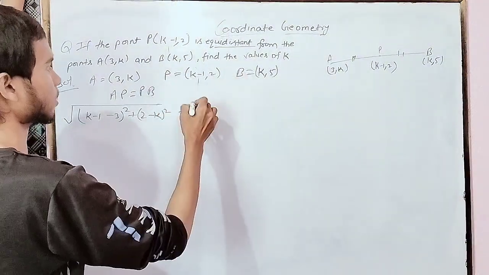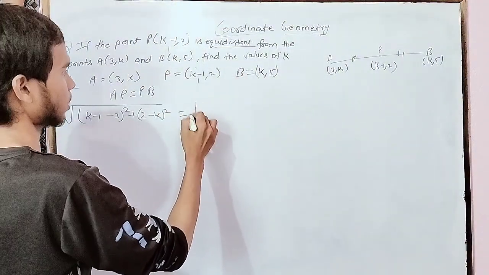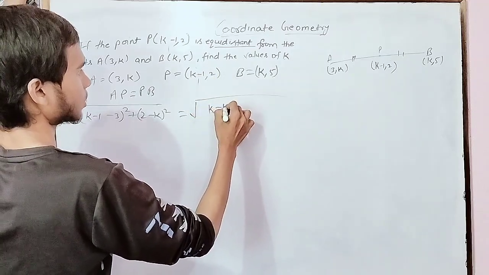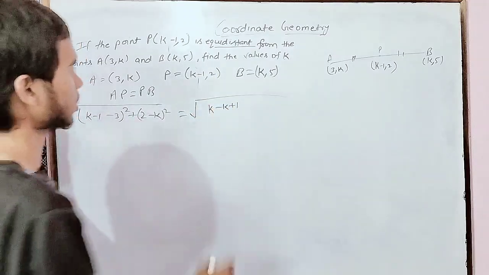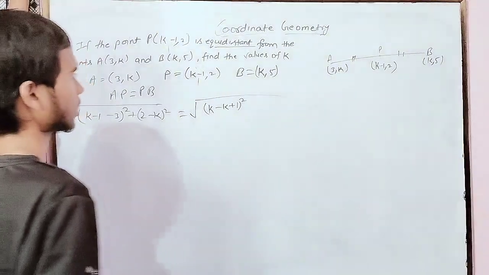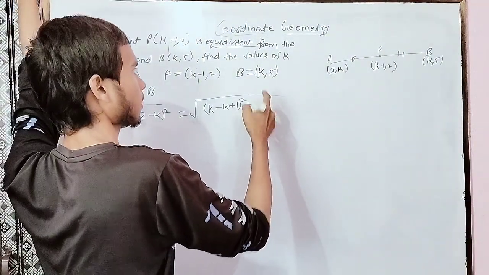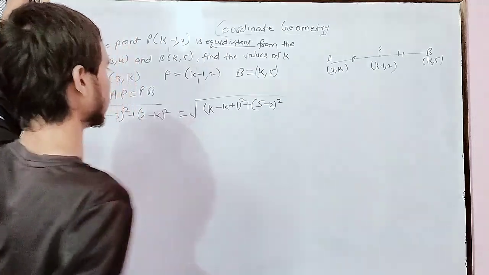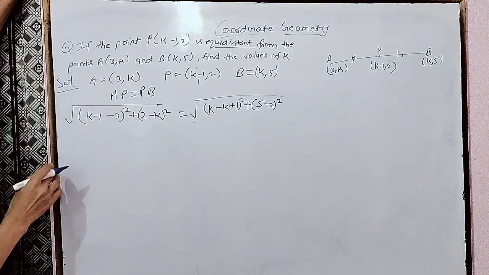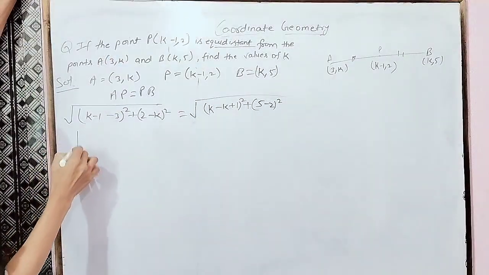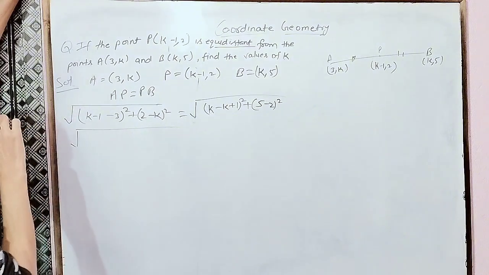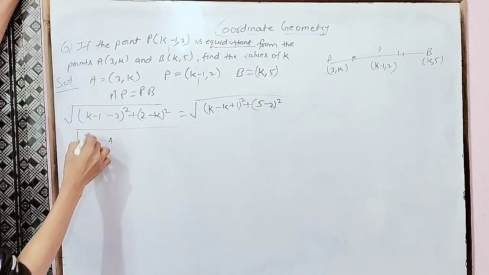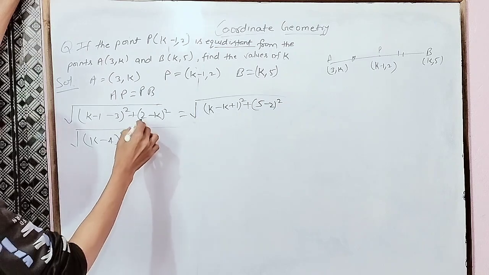Now for this one, k minus k plus 1. Isn't it? Next is 5 minus 2, like that. Now we have to simplify it further. So here k, it can be written as minus 4, as it.